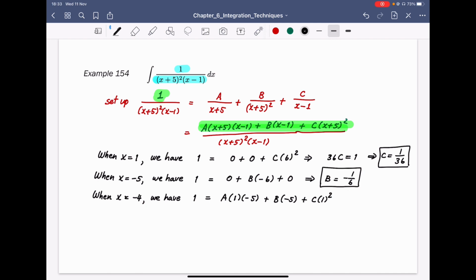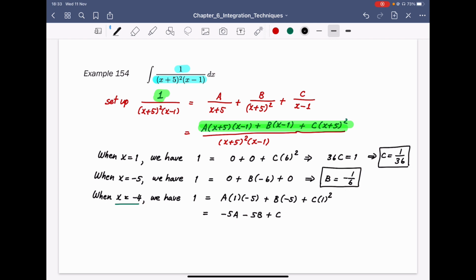The reason I pick negative 4 here is because I have x plus 5 on the right hand side, and I hope that if I plug in x equal to negative 4, I get just a small number, because x plus 5 would be 1. Then I simplify a little bit on the right hand side, so I have negative 5A, negative 5B, and then plus C.